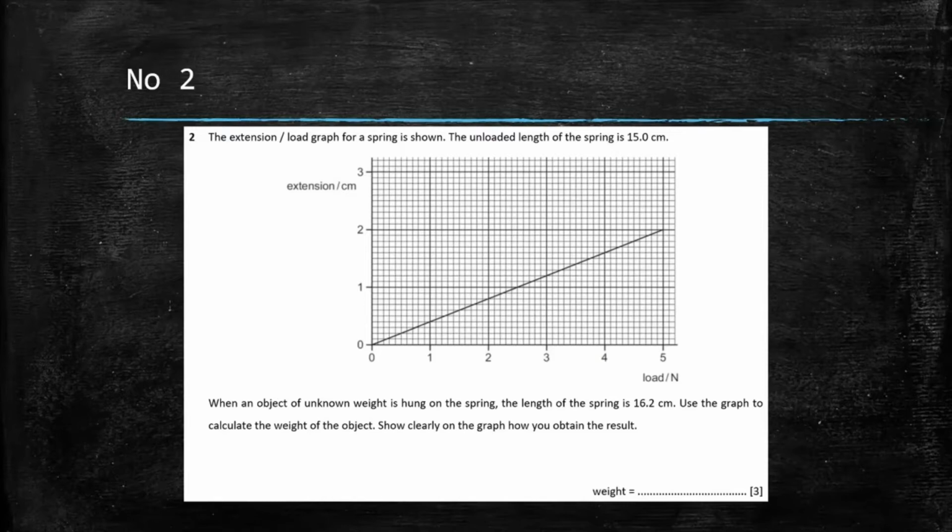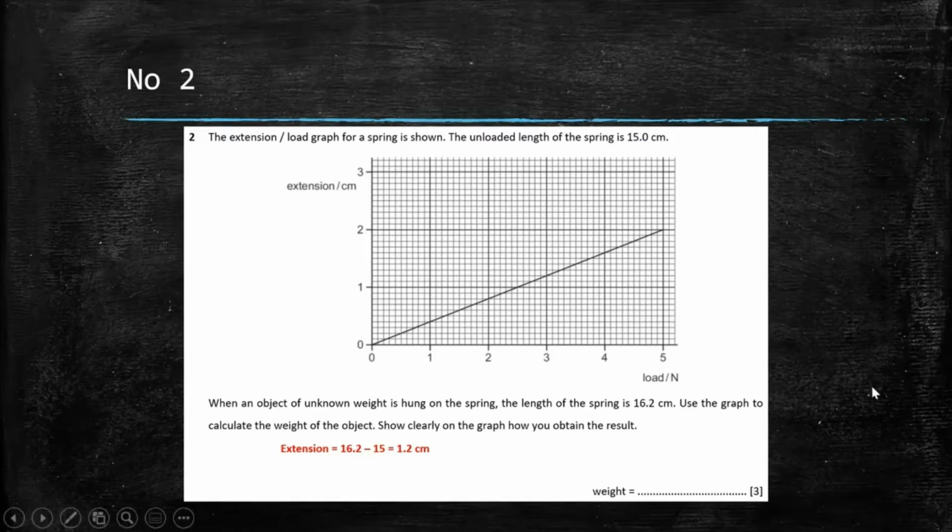The loaded length of the spring is 16.2 cm, while the unloaded length of the spring is 15 cm. Then, the extension of the spring is 16.2 cm subtracted by 15 cm, or 1.2 cm.